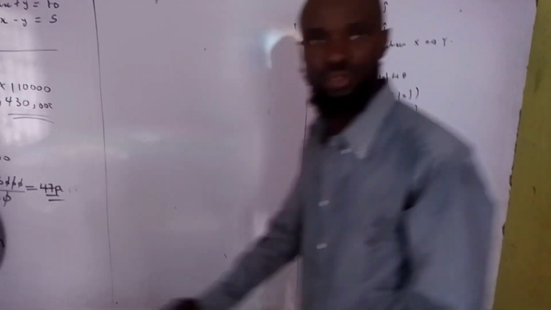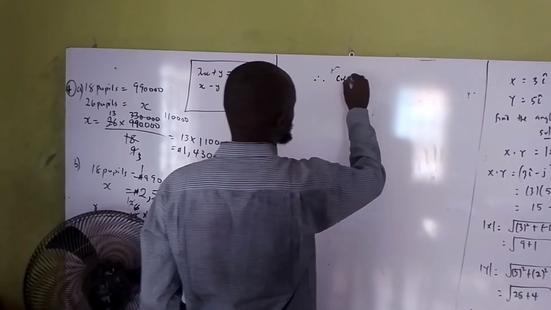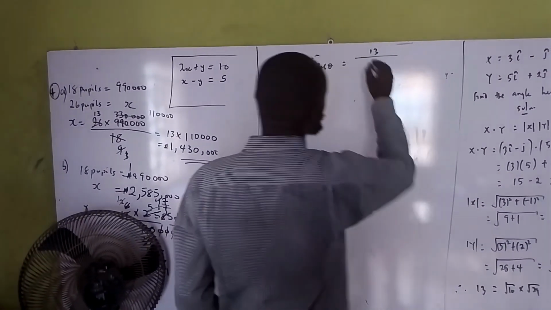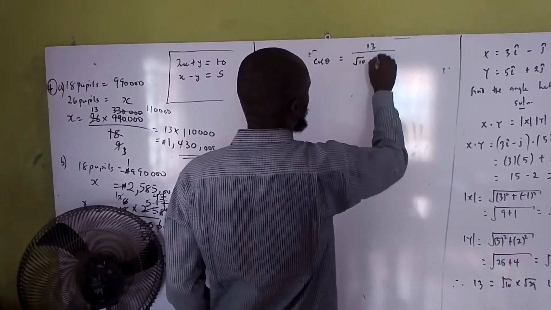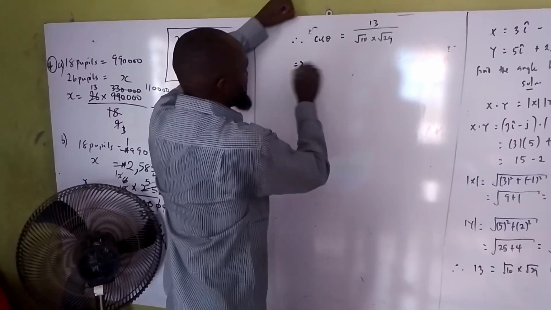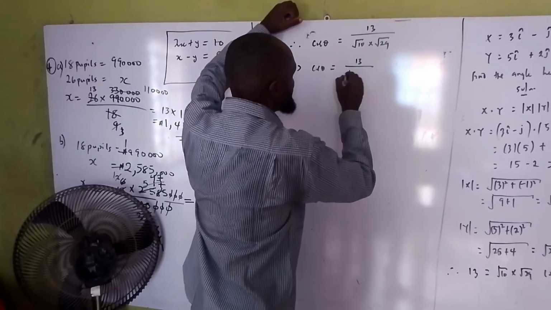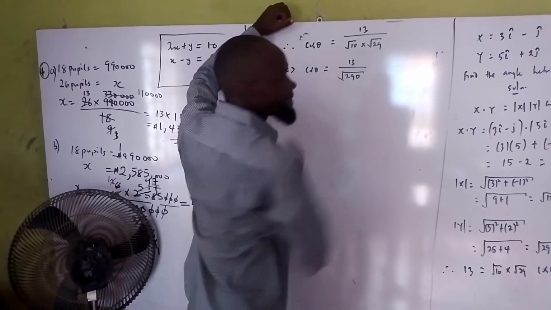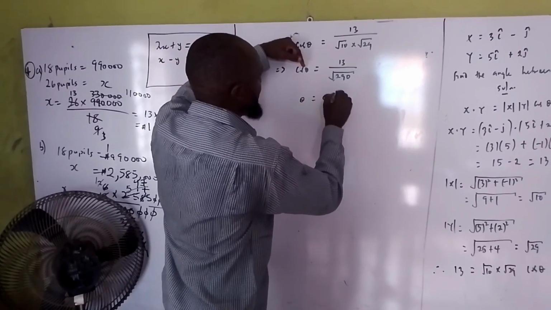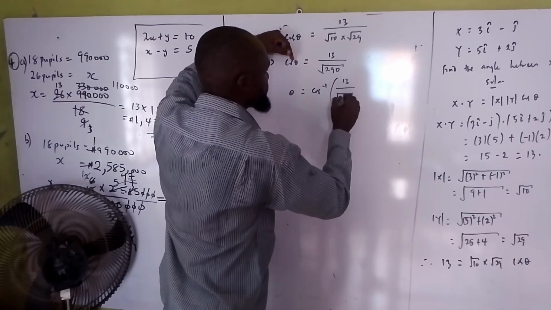And from here, we see that our cos theta is going to be 13 divided by root 10 multiplied by root 29. So cos theta is equal to 13 over root 290. And from here, our theta is cos inverse of 13 divided by the square root of 290.